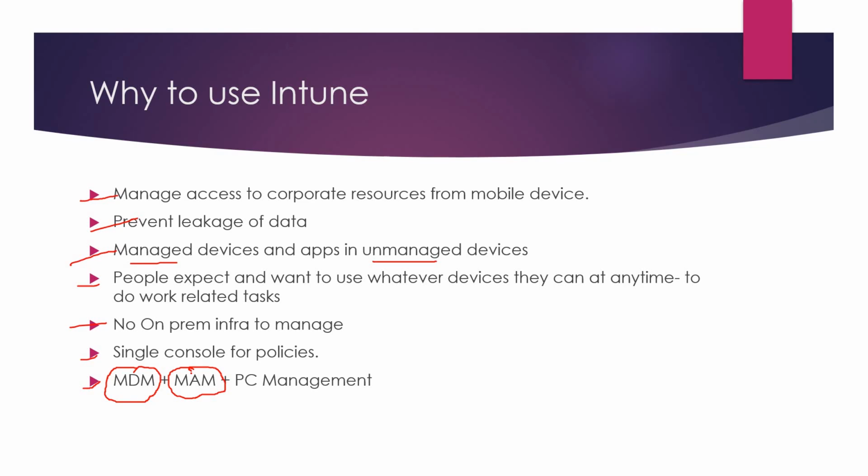But I wouldn't want the IT admin to have the authority of managing my personal device. So in that case, the IT admin leverages a functionality of Intune called MAM, or Mobile Application Management.